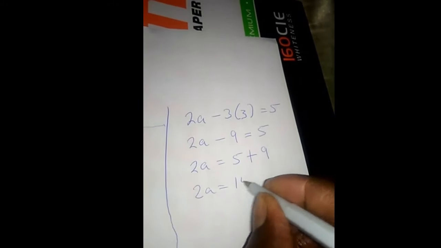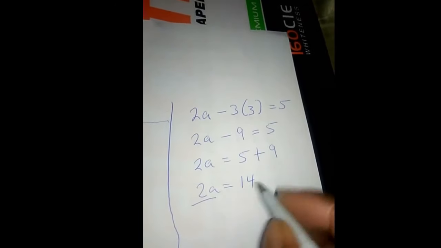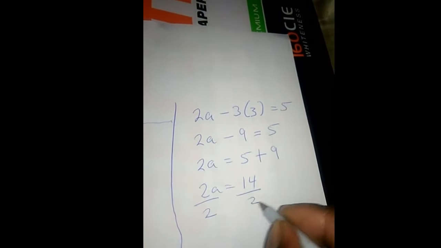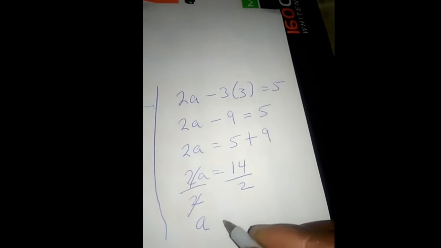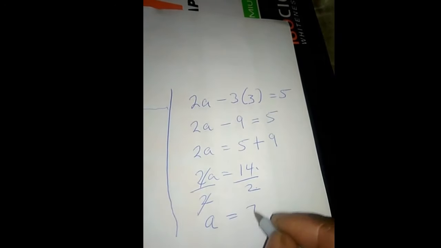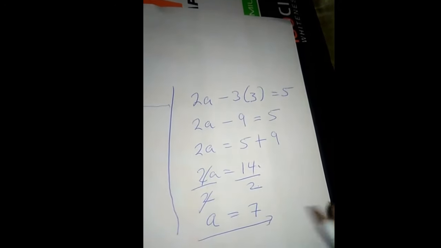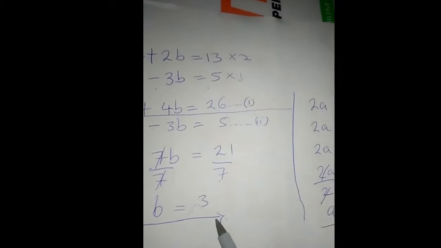We divide both sides by 2. So 2 into 2 will remain with a, equals 2 into 14 is 7. So our answer: the value of a is 7 and the value of b is 3.